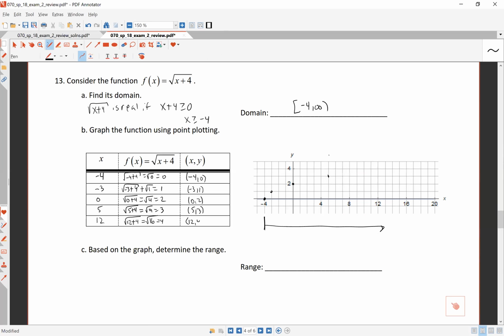So 12 comma 4. Connecting those dots, graph looks something like that. We see that the 21 is going to be the one that gets us up to 5. And now the range of it, we see that the graph goes from 0 to positive infinity.